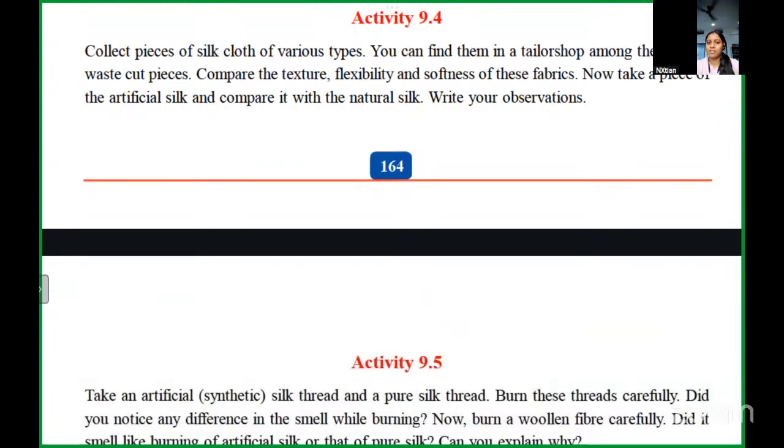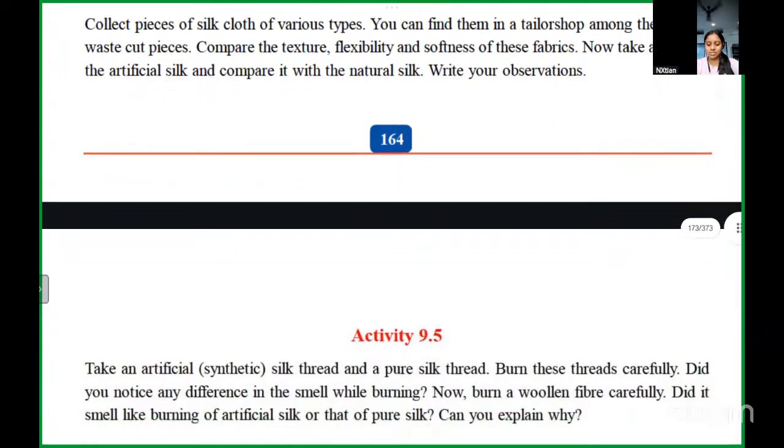If you've seen those videos where they pass a whole sari through a small ring, that's natural silk. Actual silk is very soft, shiny, elastic, and lightweight, whereas artificial silk is less soft and heavier. So that's some comparison.